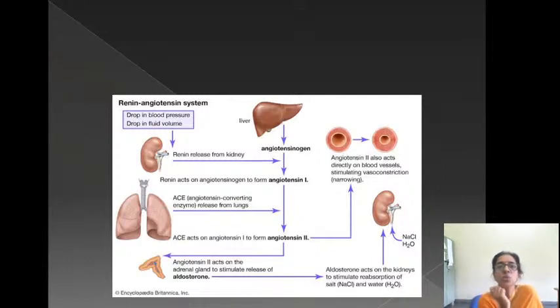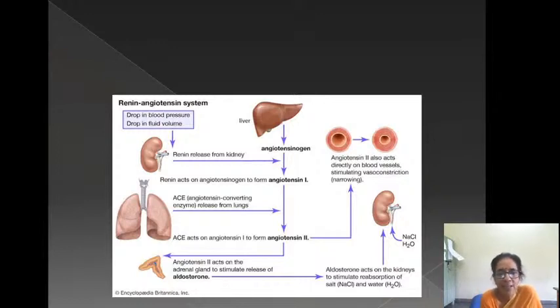First, angiotensinogen comes from the liver, and renin will act on angiotensinogen. Renin comes from the juxtaglomerular cells of the kidney. Whenever there is a drop in your blood pressure or a drop in the fluid volume, renin will be released. It acts on angiotensinogen, which gets converted to angiotensin 1.